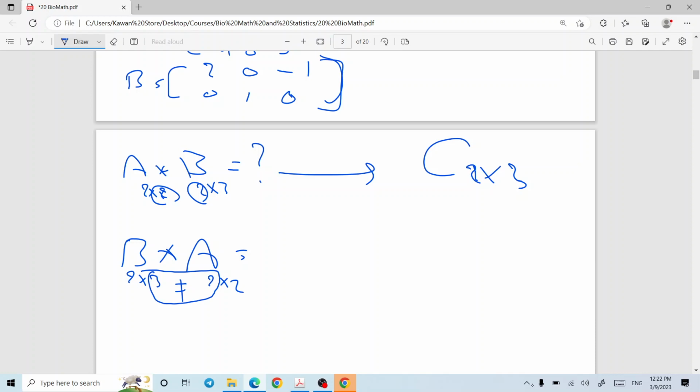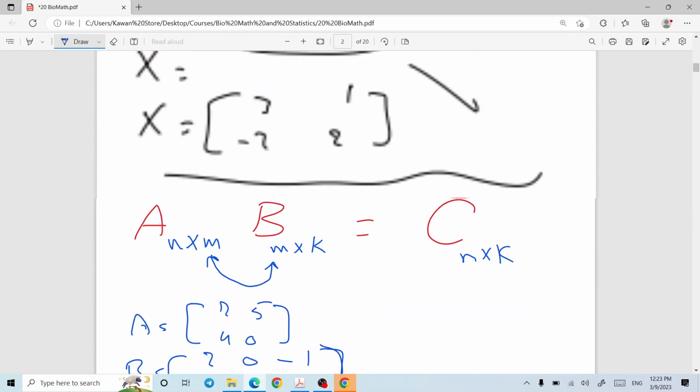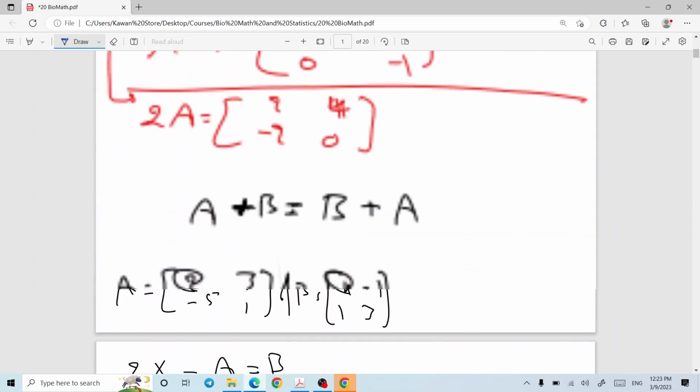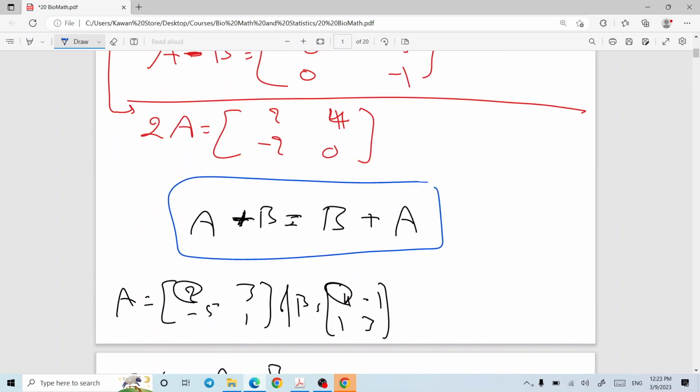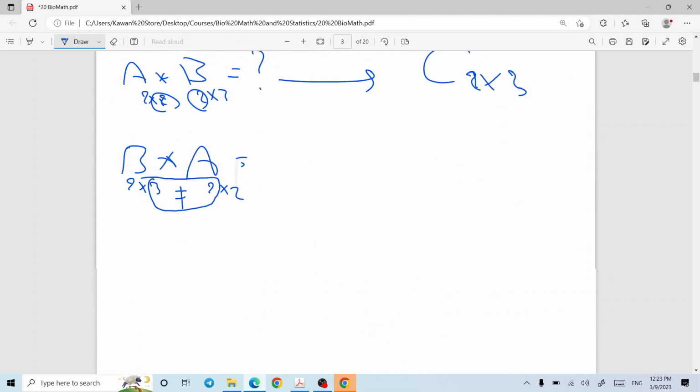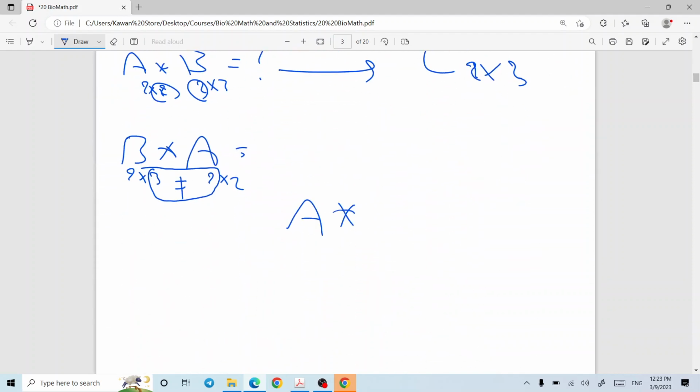So in multiplication, we don't have commutativity. We cannot commute them. But in addition, if you remember, we write it like that. You see, for addition, it's okay. You can say A plus B equals B plus A. Am I right? But if I change to the other operation, like A multiply B, they are not equal to each other. Even if the dimensions are equal, the result sometimes is not equal.